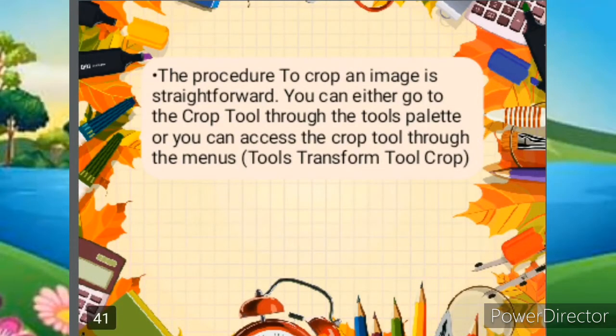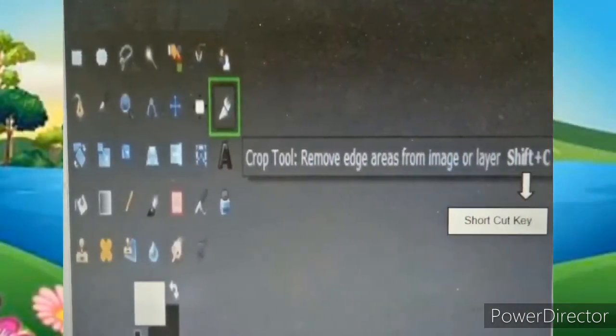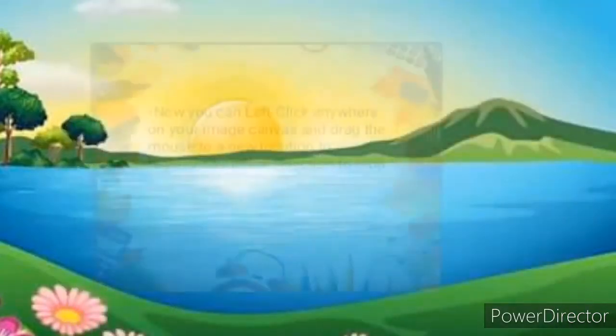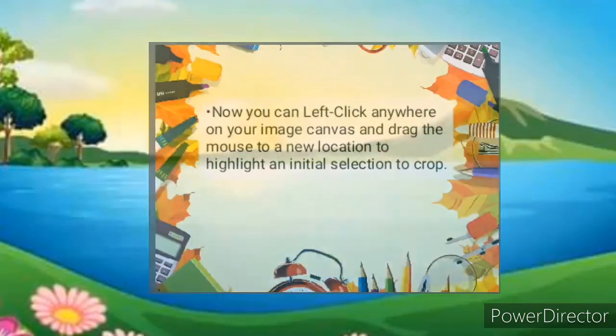You can either go to the crop tool through the tools palette, or you can access the crop tool through the menus, or Tools, Transform, and Tool Crop. Now, you can left-click anywhere on your image canvas and drag the mouse to a new location to highlight an initial selection to crop.